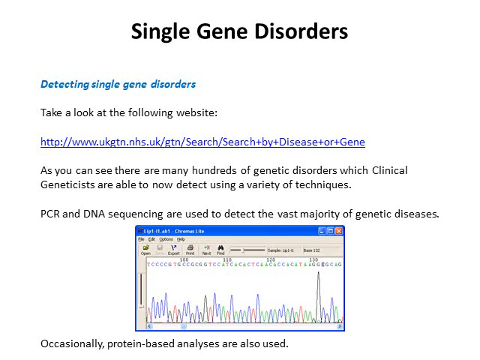And also occasionally other techniques are used in addition to PCR and sequencing to look for errors. So-called protein-based analyses can be used to try and detect disorders such as mutations in the dystrophin gene, which give rise to truncated or shorter versions of the protein, which can be detected via Western blot analysis, a technique we use to look at proteins in the laboratory.